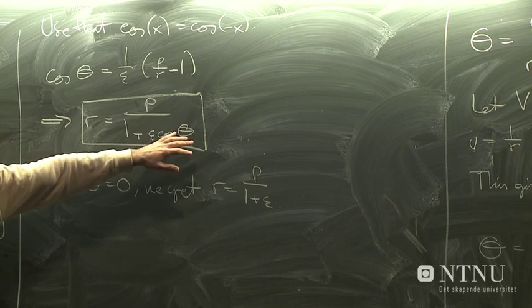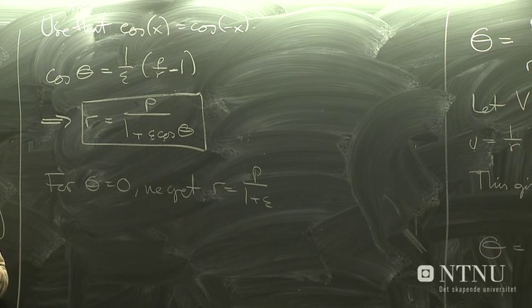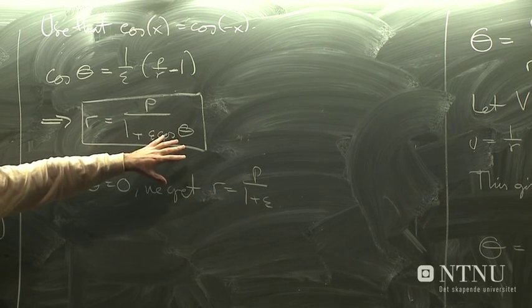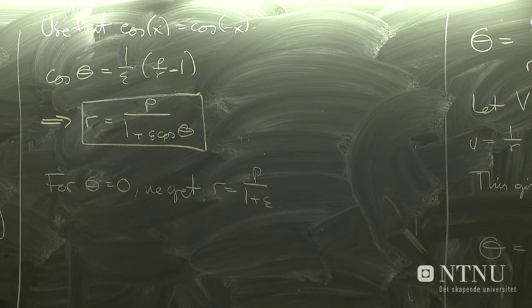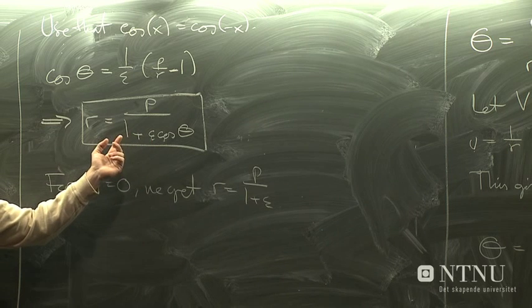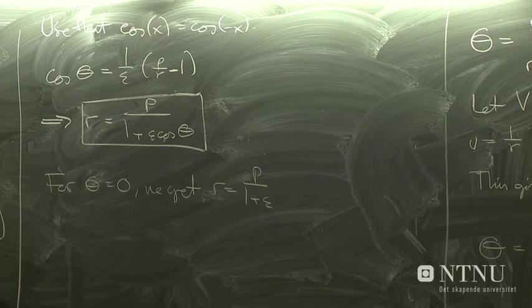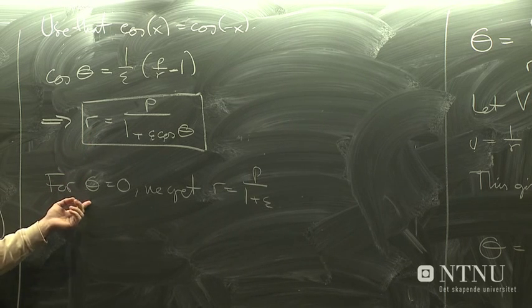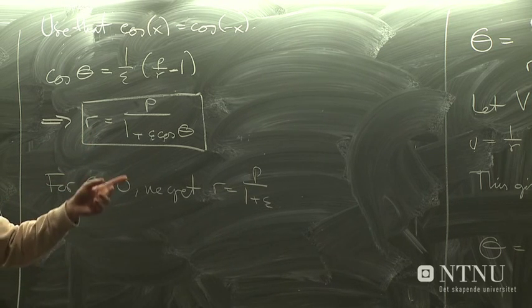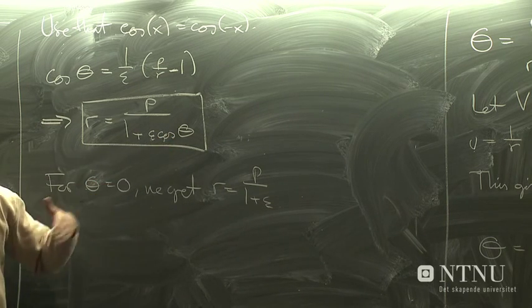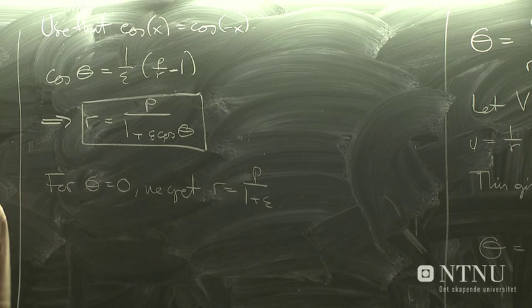Now, cosine of theta varies between 1 and minus 1. So you see that when this term, 1 plus epsilon cosine theta, is at its maximum value, r is at its minimum value. 1 plus epsilon cosine theta will be maximum when theta is equal to 0, which means r will be minimum when theta is equal to 0, which is precisely the definition of the perihelion. On the other hand, when theta is equal to pi, we have the maximum radius attainable.